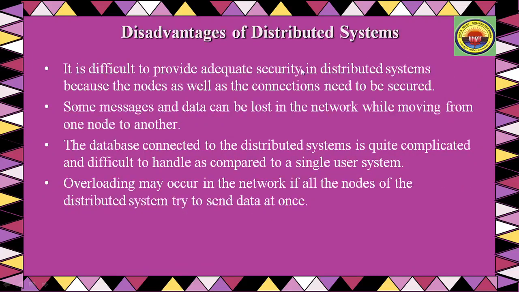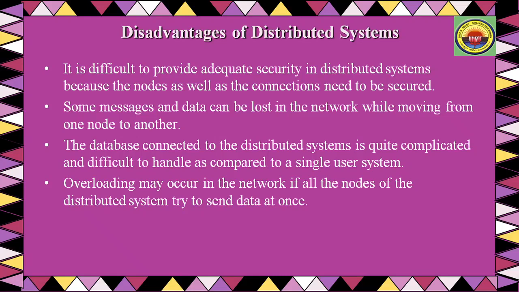Disadvantages of distributed systems: it is difficult to provide the required security in distributed systems, as all the nodes are connected and all the nodes need to be secured. Next, some messages and data may be lost while traveling through the network.